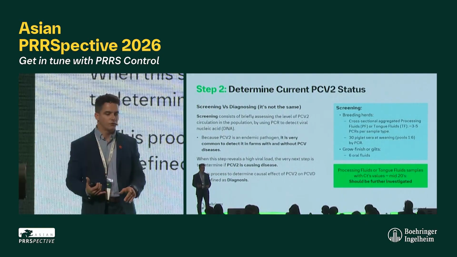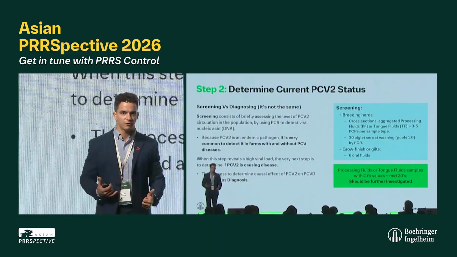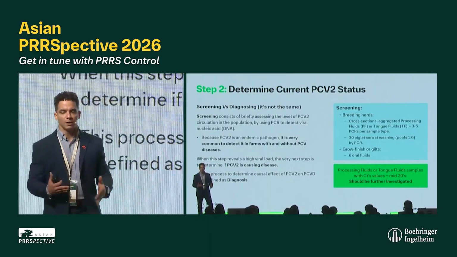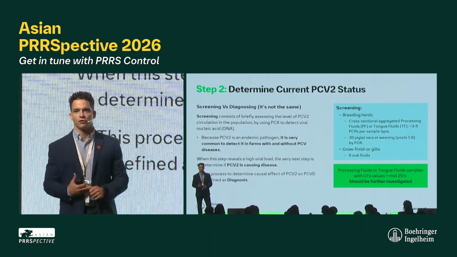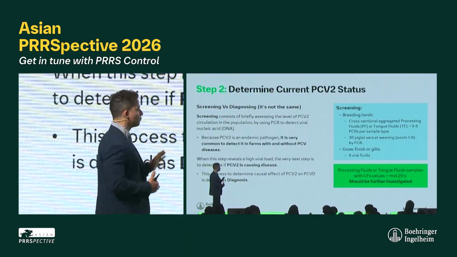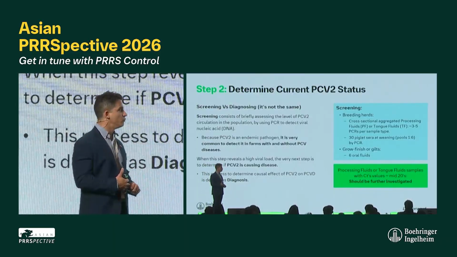And we talked about this before. You're going to submit tissues to the lab, both fresh and fixed, and you're going to associate your different tests like PCR, histopathology, and then immunohistochemistry or in situ hybridization to determine that those animals are sick with PCV2.